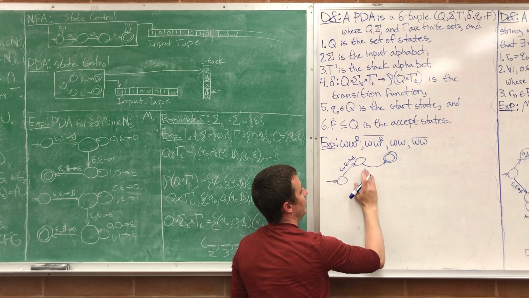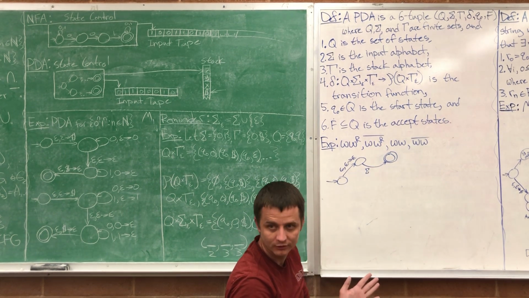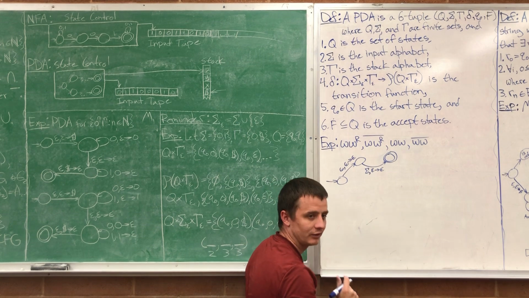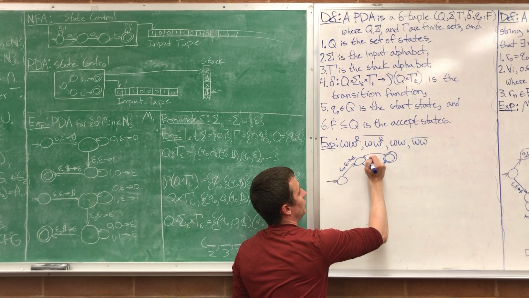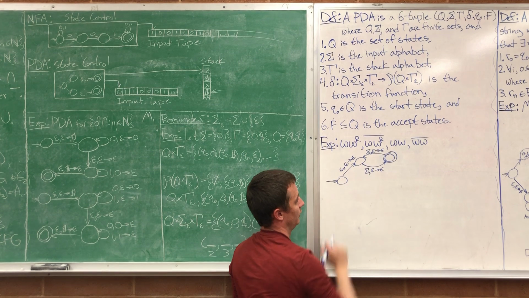Now for any input symbol, sometimes we use sigma to signify I don't care if it's a 0 or a 1 or whatever. For any input symbol, we push nothing and pop nothing. We're completely ignoring the stack. Then we go over here, and for any input symbol, completely ignore the stack, we go over here.